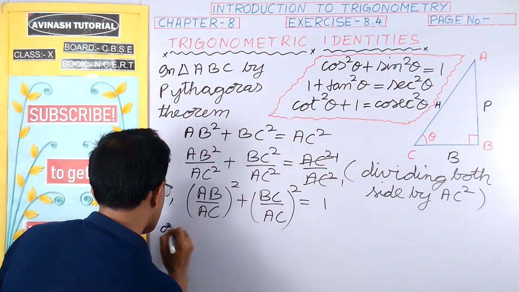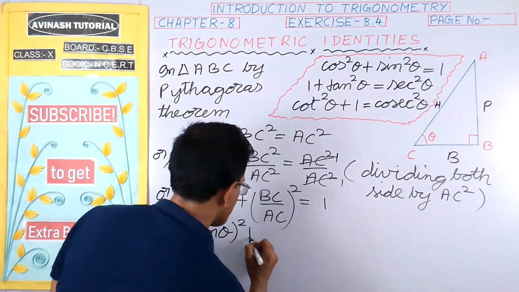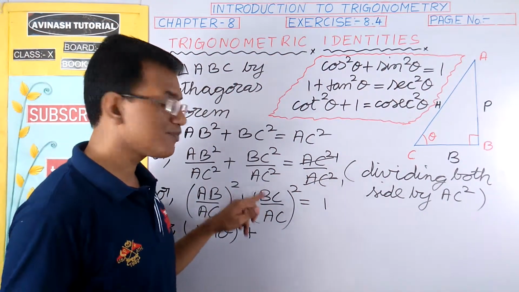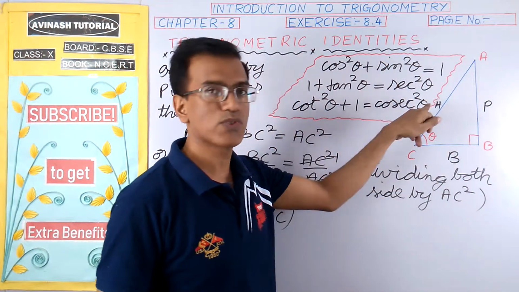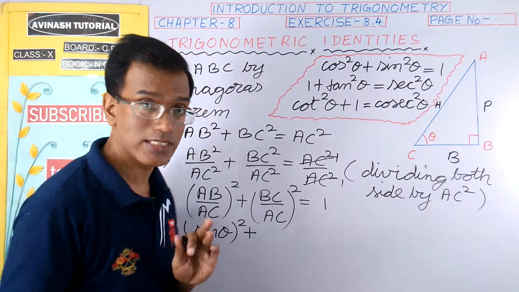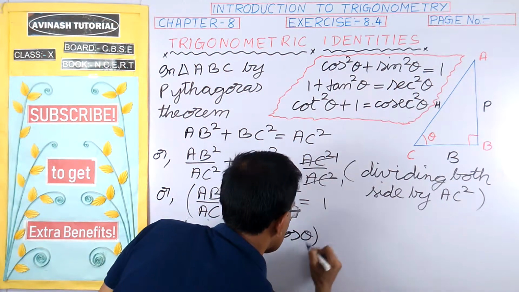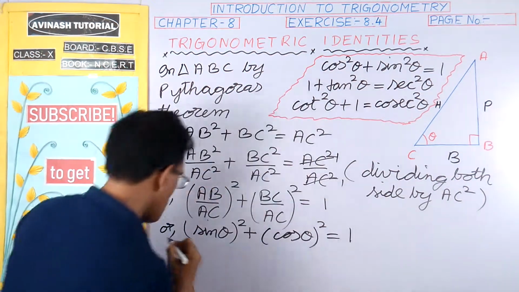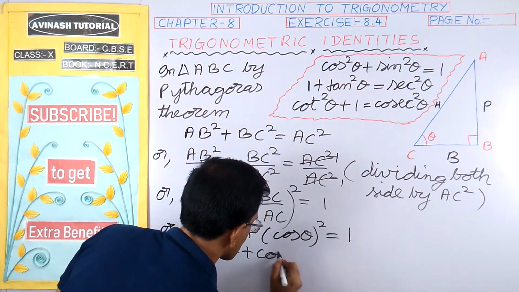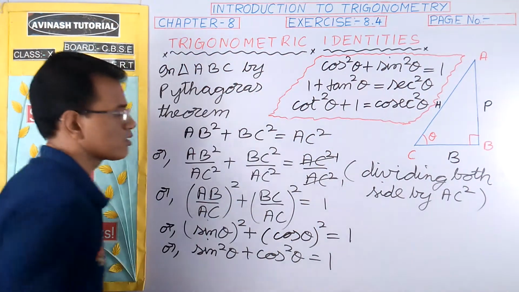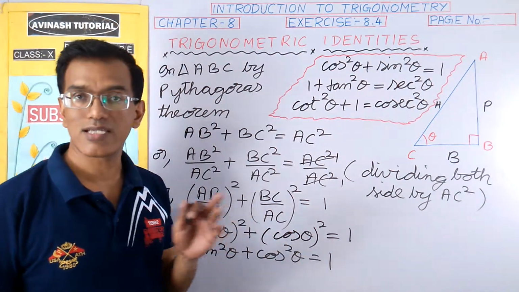So we can write this equation as sin theta whole square plus, similarly BC by AC, base by hypotenuse. Base by hypotenuse is called cos theta. So we can write this as cos theta whole square is equal to 1, or sin square theta plus cos square theta is 1. So this is how we get this identity.